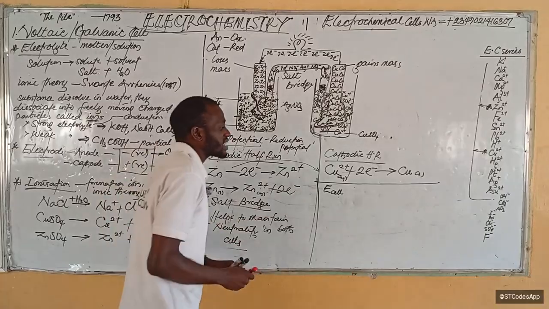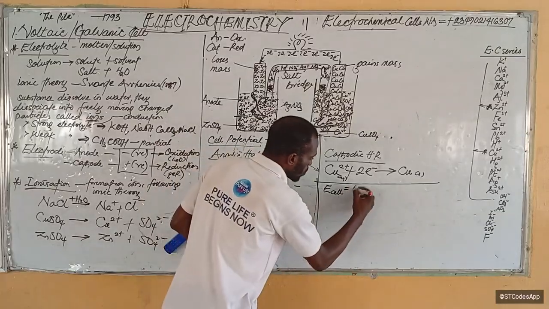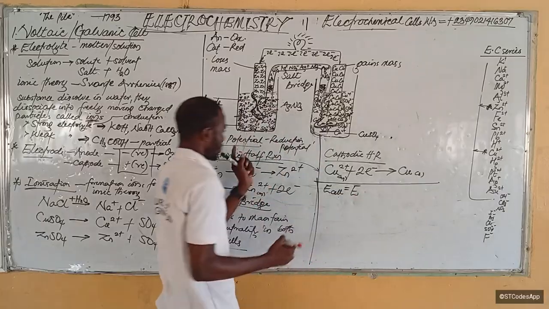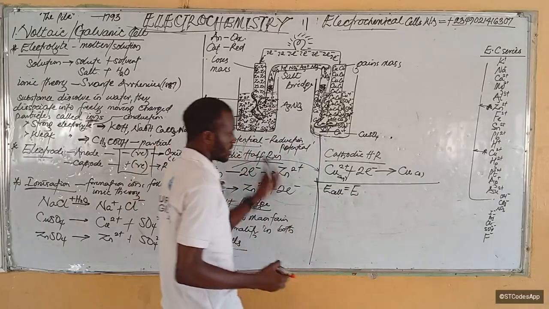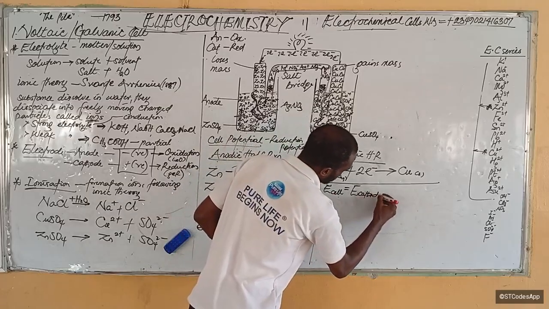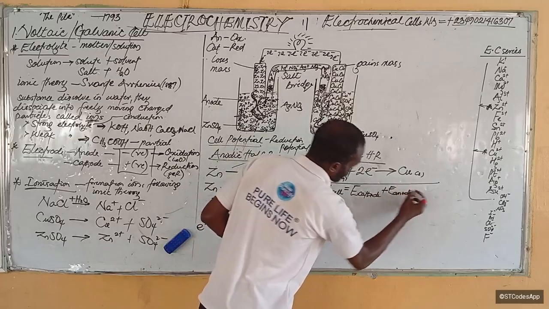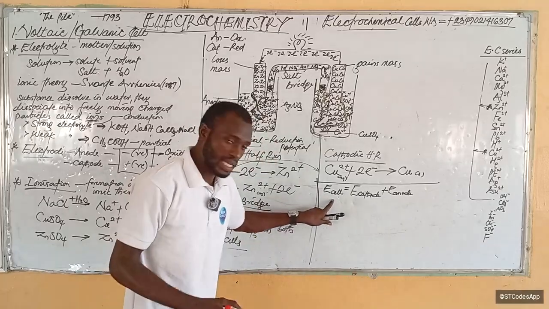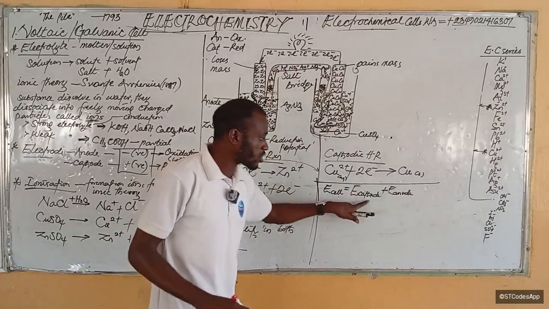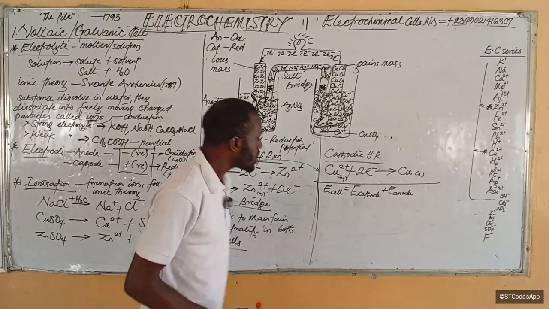Now take note that the E cell, or the reduction potential of the cell, is equal to the reduction potential at the cathode plus the reduction potential at the anode.